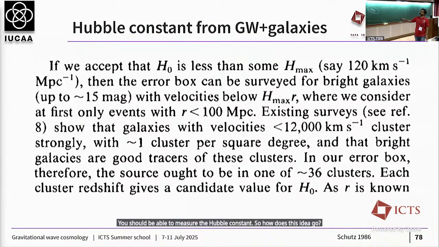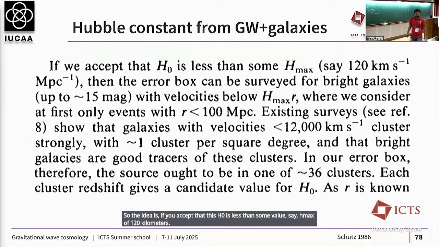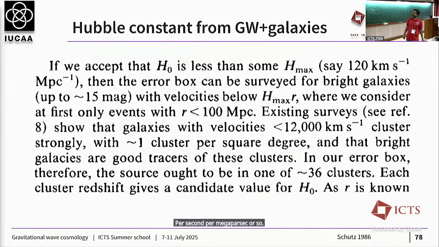If we accept that this H naught is less than some value, say H max of 120 kilometers per second per megaparsec or so, then for the error box, you can try to find out if there are galaxies within this error box. And then you can assign the Hubble constant based on the redshifts of galaxies which are within this error box.